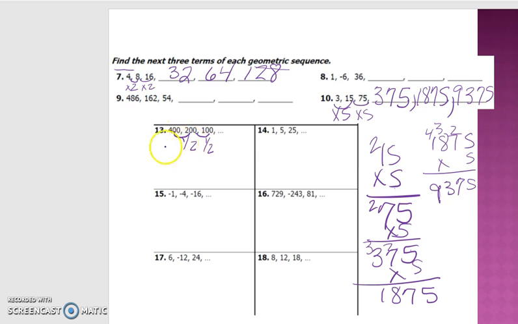Okay, so we know what our ratio is. And we know what our first term is because it's the first term listed. Okay, so let's write our equation. A sub n equals the first term times the ratio, which was 1/2, raised to the n minus 1. That's your equation.